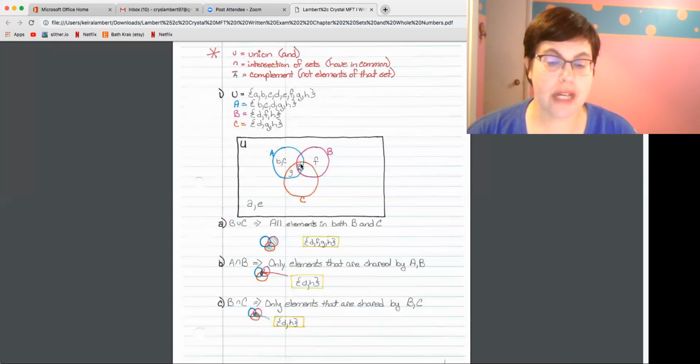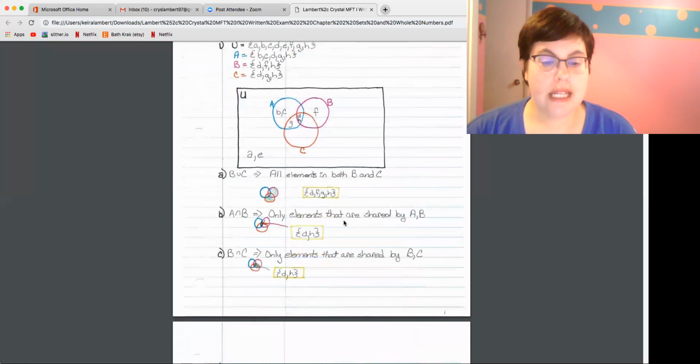So you can see right here, D is in A, B, and C. And you'll notice in here, H is also there. But that's how that's broken down.